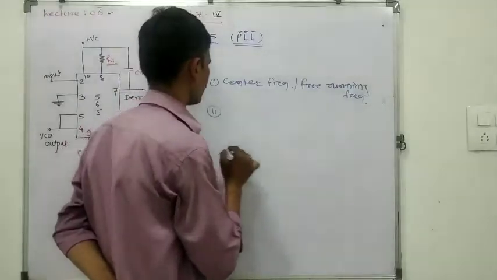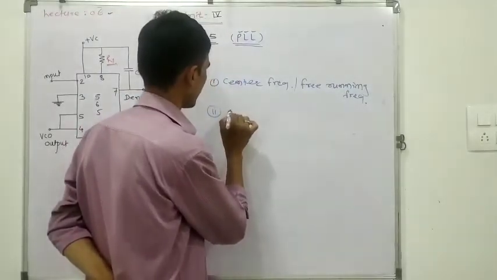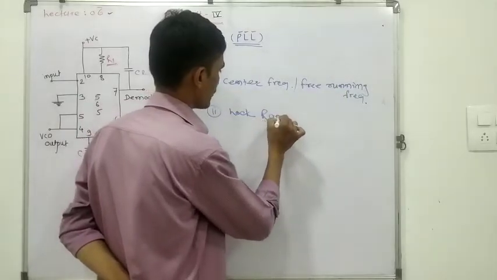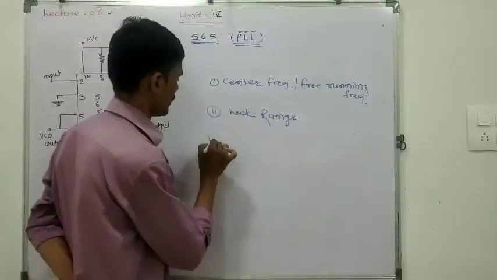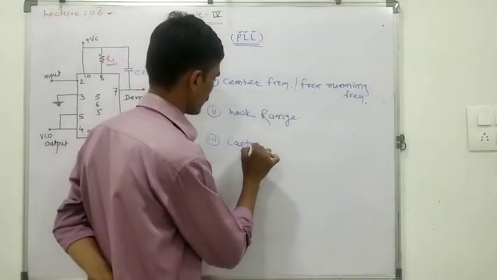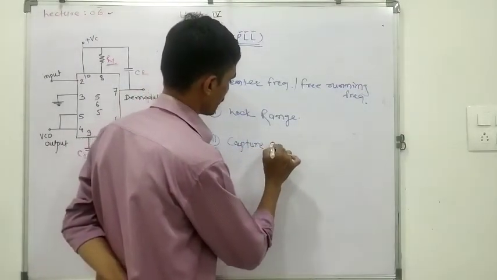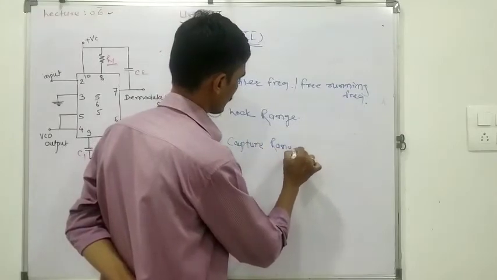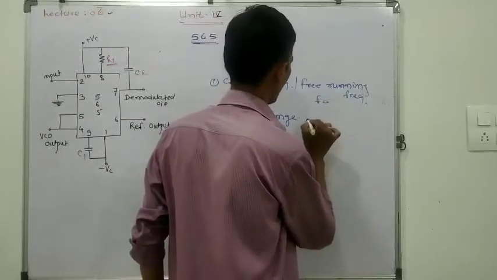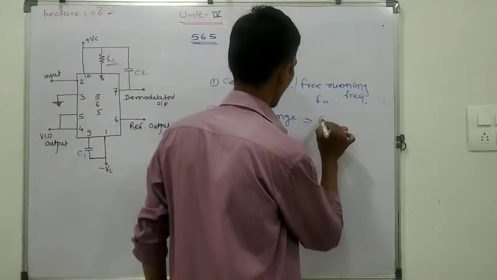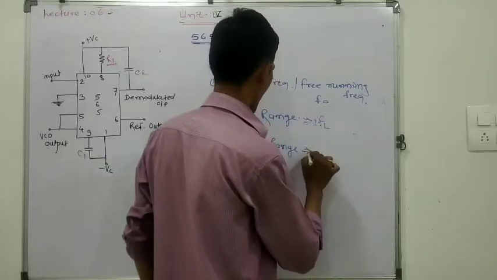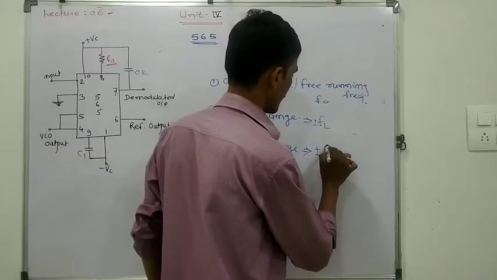Second one is lock range, and third one is capture range. Center frequency is denoted by F0, then lock range is denoted by FL, that is plus minus FL, and capture range is plus minus FC.